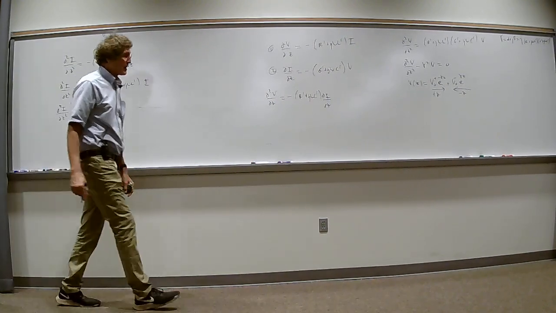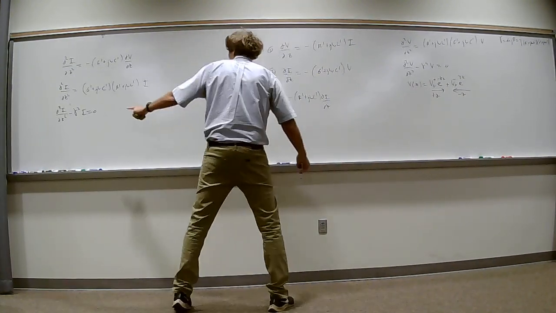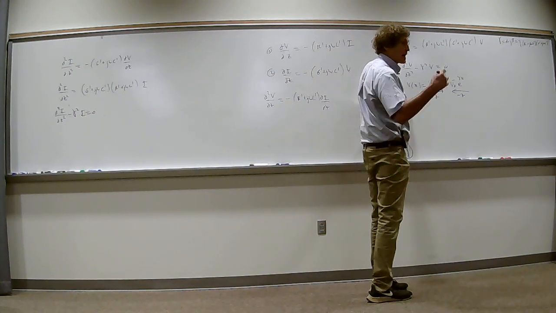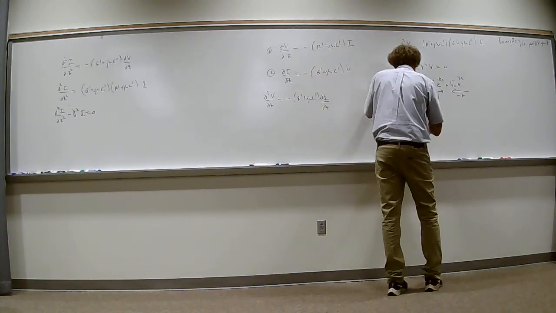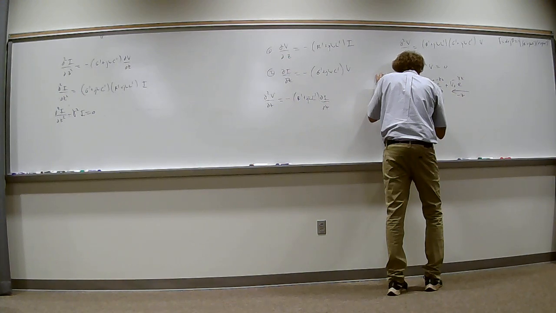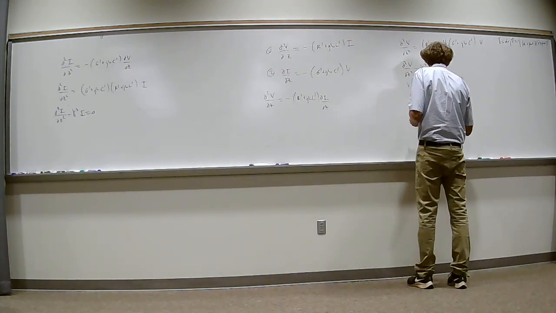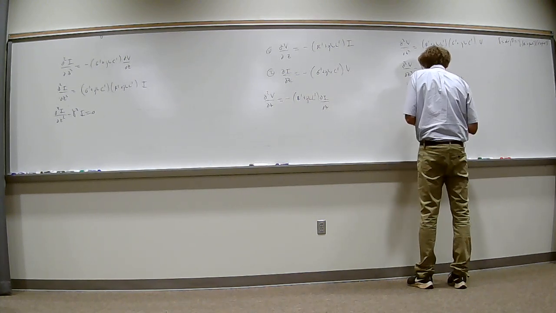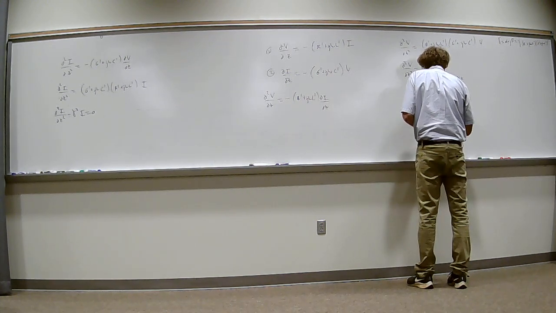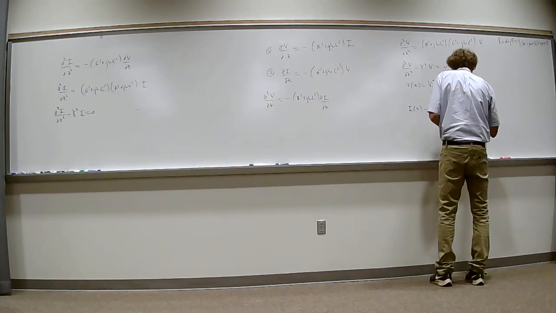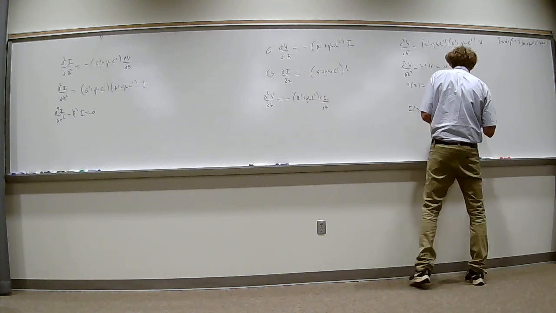Now I come over here, I can say that would lend itself to a solution identical in form, except I will now replace V. So now I get I of z equal to I0 plus e to the minus gamma z plus I0 minus e to the plus gamma z.